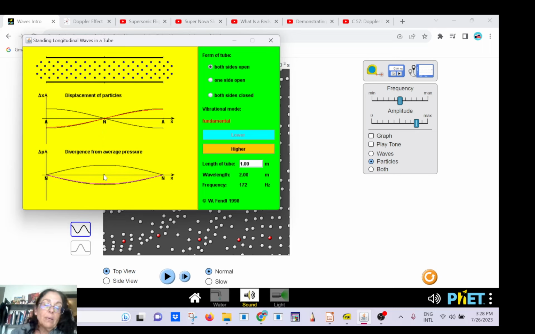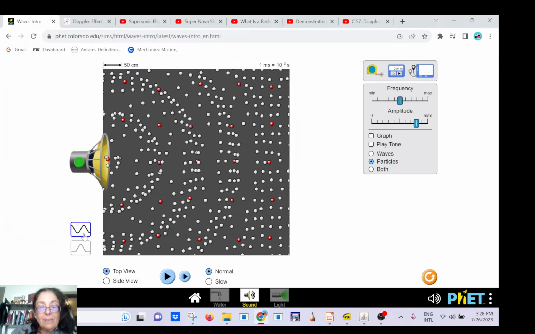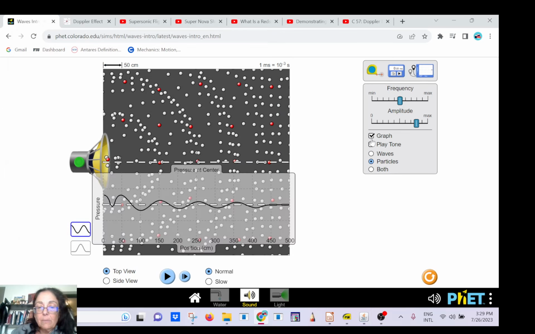So why am I mentioning that? It's because when we want to use a sine wave, for example, to represent the sound wave, we don't use the displacement of the particles because it's very hard to measure, but we use the pressure.